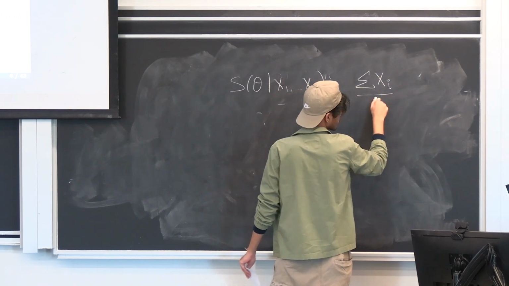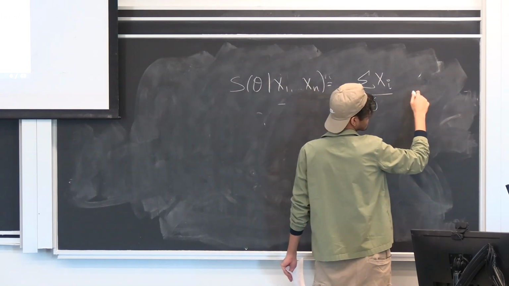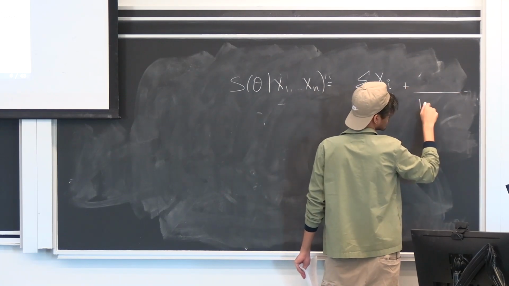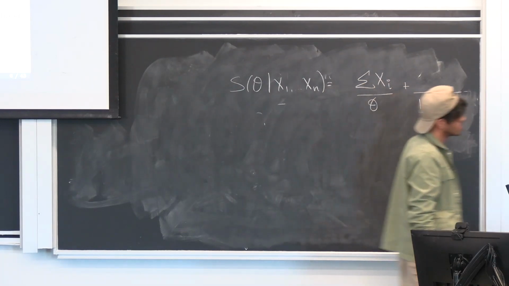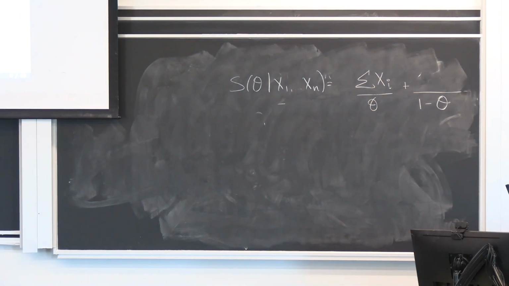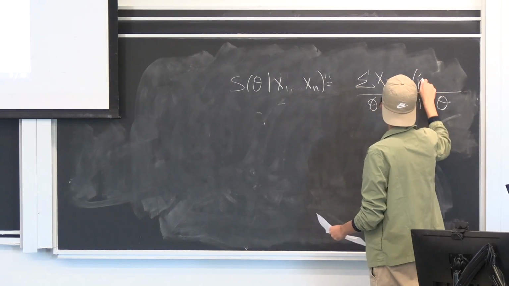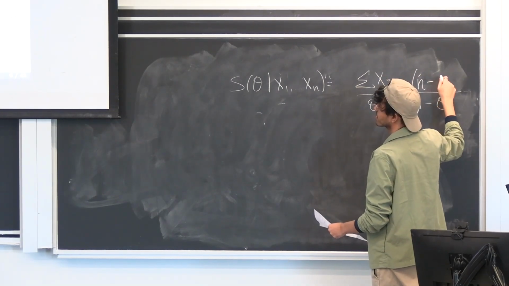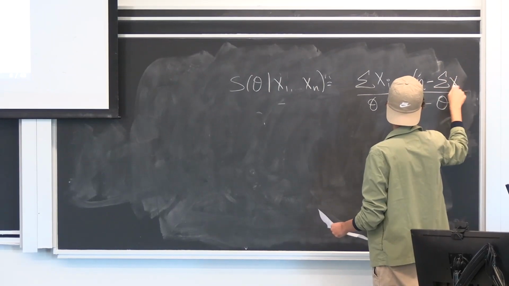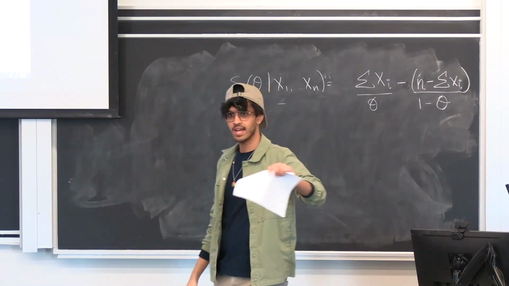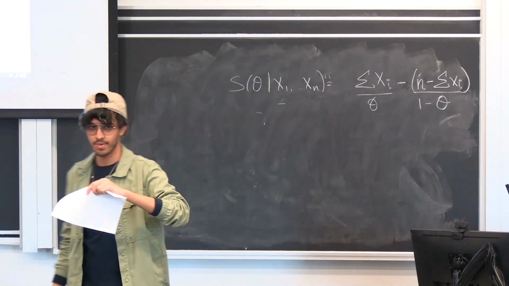The summation of xi over theta plus, for the second term, when you take the derivative you get 1 over 1 minus theta, but you also get a negative sign because of the theta, so that comes out as minus, and then you have n minus the summation of xi. Okay, are we done? No, we need the MLE, and we need the Fisher information.